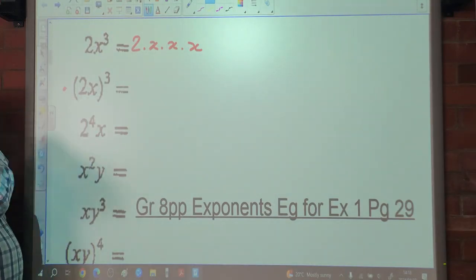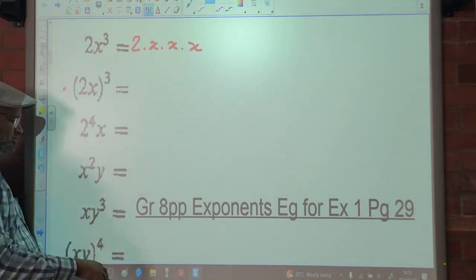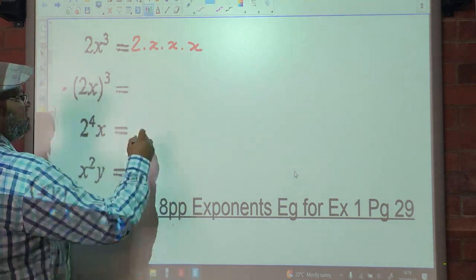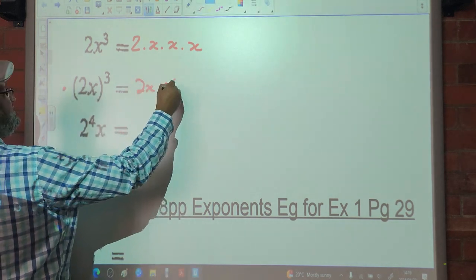Now you do the next one quickly. In brackets, you've got 2x, all raised to the power 3. What would that be? 2x times 2x times 2x.